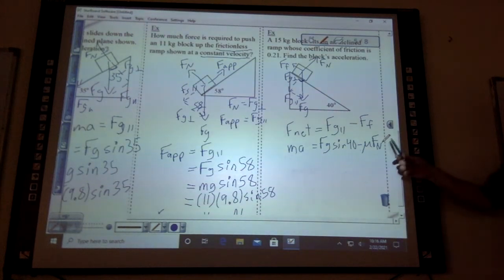So in our case here, what does Fn equal? What's the equation it equals? FG cosine. Yeah, how'd you get that?